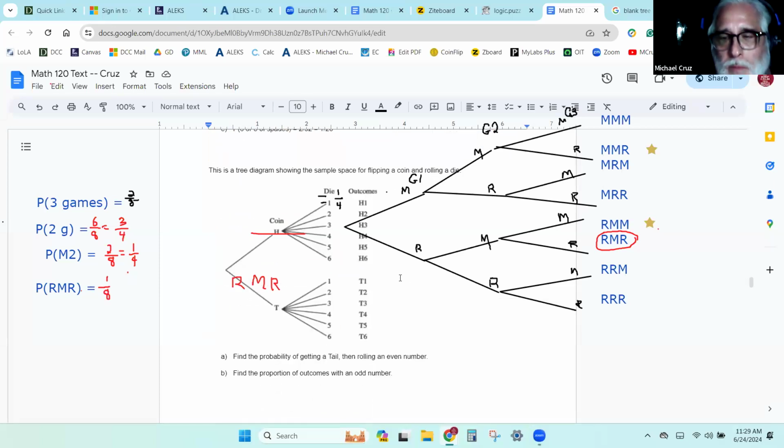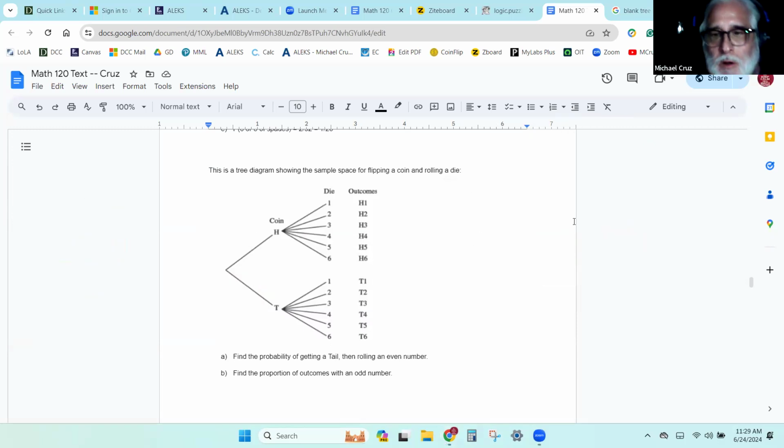Here we go. So this is a good one. So this is a tree diagram showing the sample space for flipping a coin and then rolling a die.